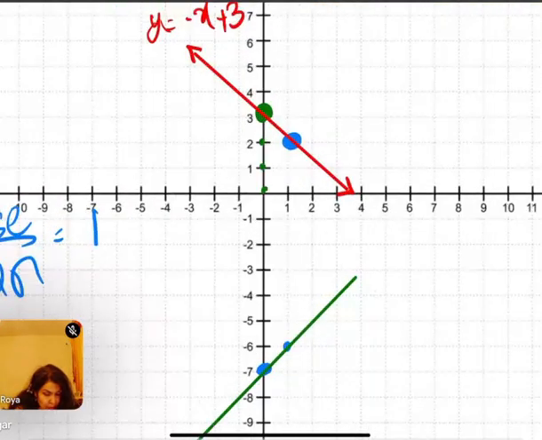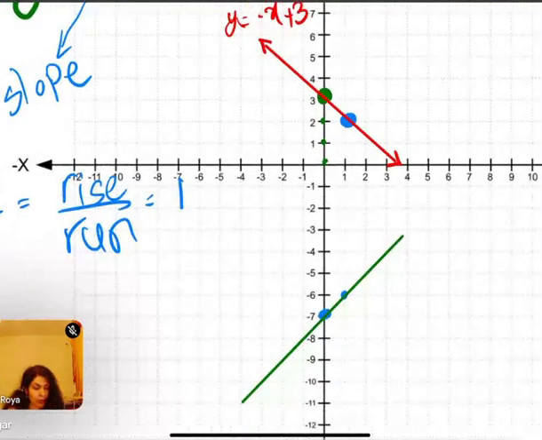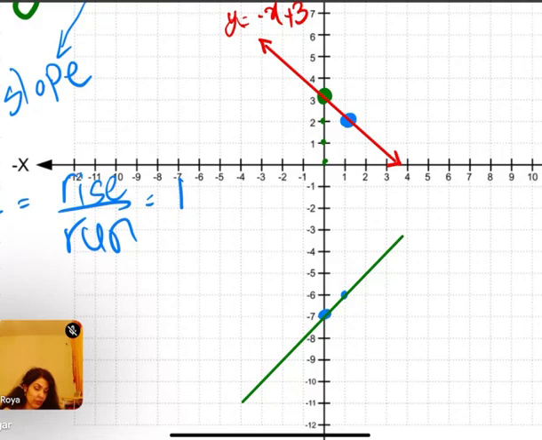Now, the point of intersection is going to be the answer.